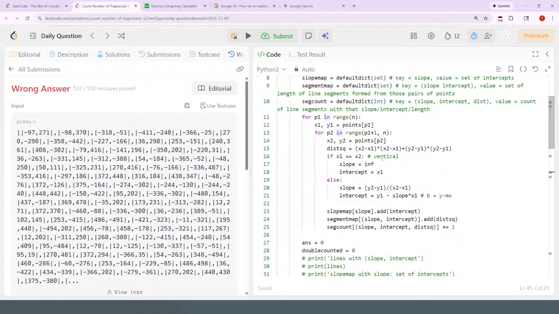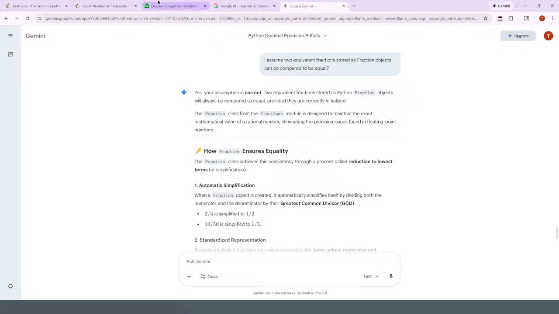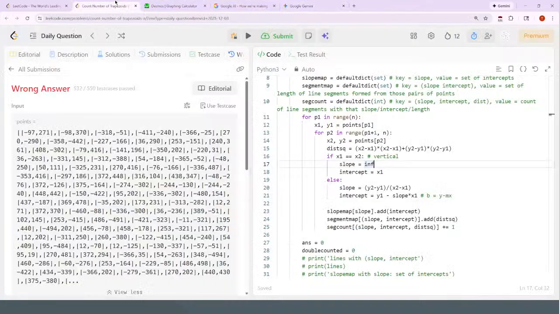So the slope here is just not right. I guess I could store None as the slope.